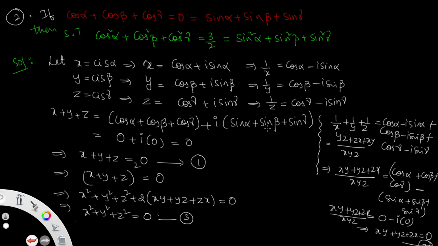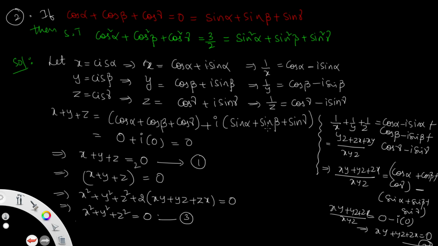Take the real parts: all cos terms are real parts and sin terms are imaginary parts. Therefore (xy plus yz plus zx) by xyz equals cos alpha plus cos beta plus cos gamma, minus i times (sin alpha plus sin beta plus sin gamma), which is 0 as given. That's why we write 0 minus i into 0.